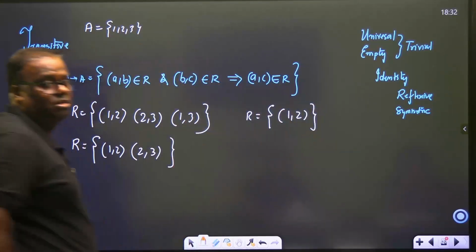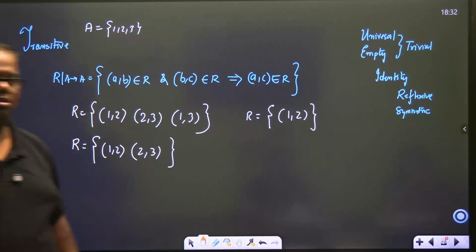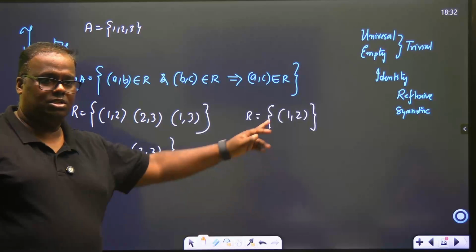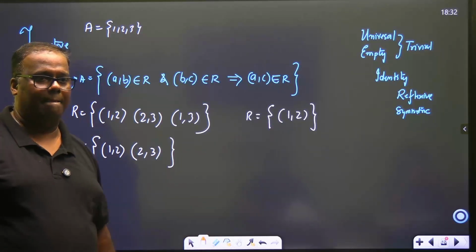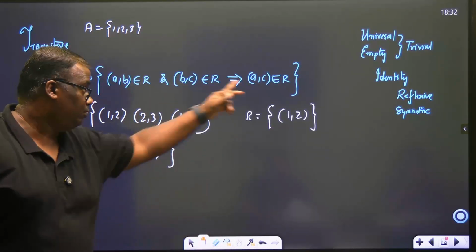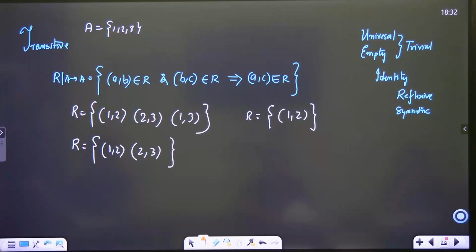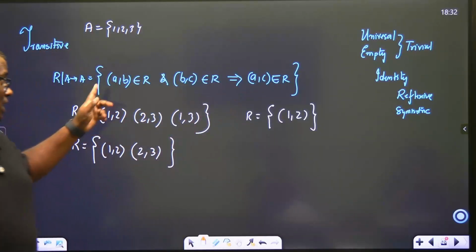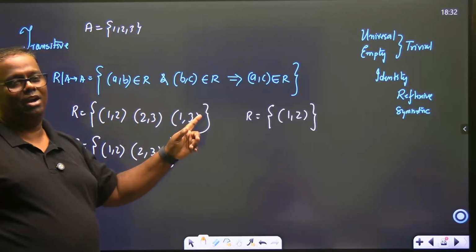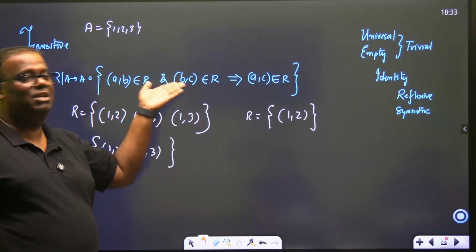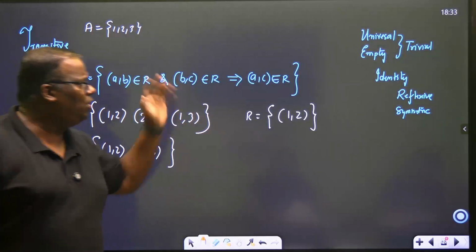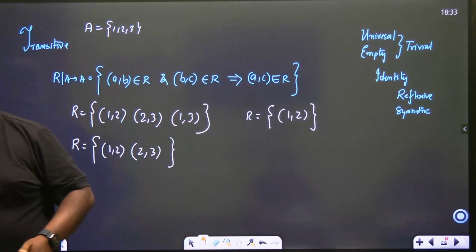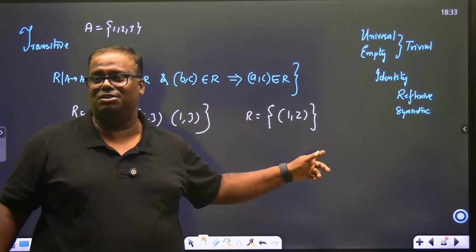What about this? Is it transitive? Yes. This is where they all go wrong. Criteria for this definition: if (a, b) belongs to R and (b, c), is there a (b, c)? No. So we'll not check for this at all. This is transitive.